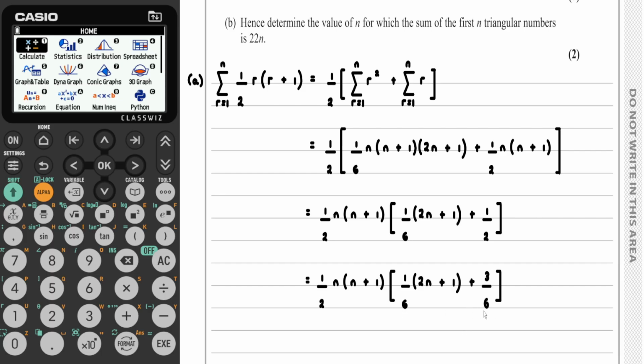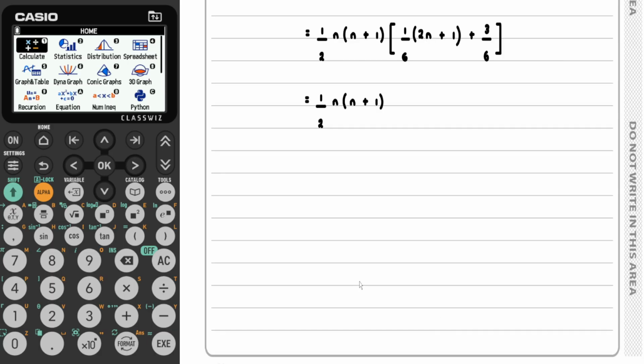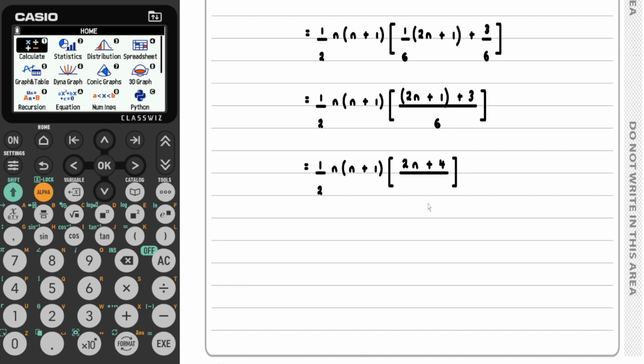So that means what's inside this bracket, we've got this common denominator of 6. So I've got a half n times (n plus 1), and here we would have (2n plus 1 plus 3)/6. So I've got a half n times (n plus 1), and here we have 2n plus 1 plus 3, which is 2n plus 4, and I divide that by 6.